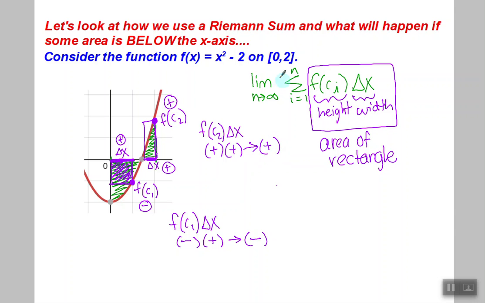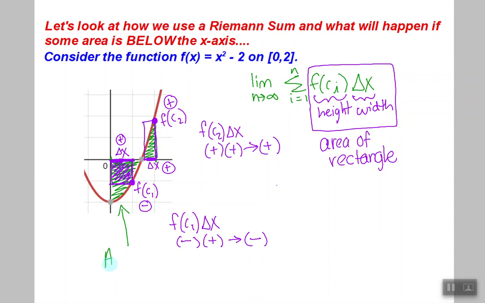Now, the definite integral represents the sum of the function value times delta x, whether the function value is negative or positive. So this value yields a negative, while this value yields a positive, and I have to add those together. Now, in fact, the exact areas of these regions are as follows.